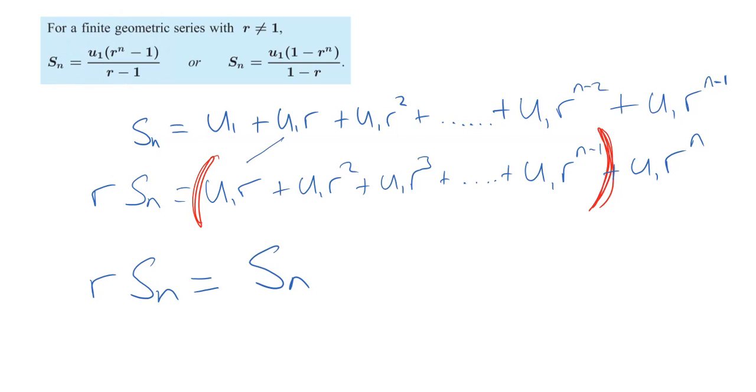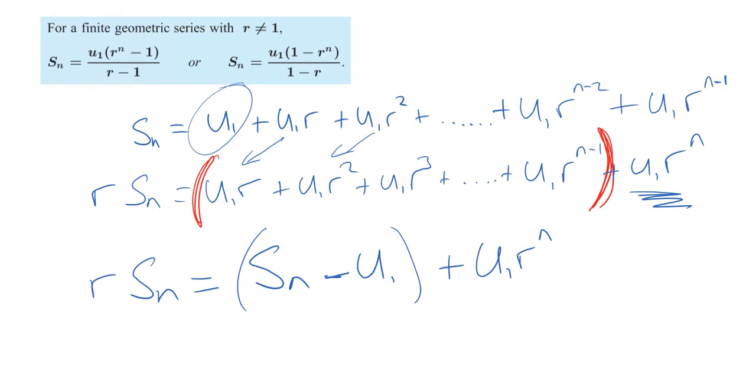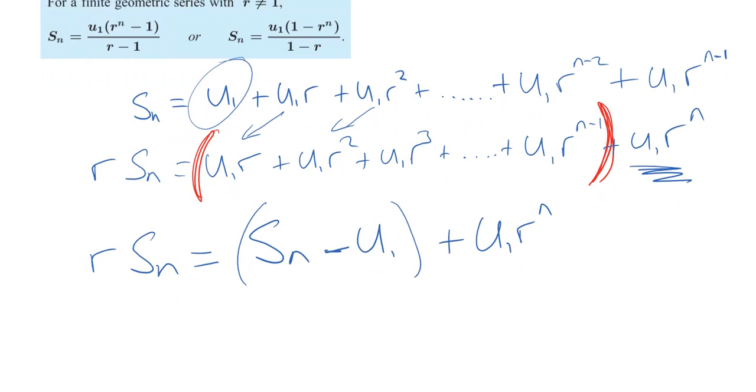It's got the second term, it's got the third term, it doesn't have the first term. So in a sense, that bracket is the sum of a geometric sequence, but without the u1. And of course, I've still got this term on the end here. We better write that down. That isn't included. So we've got this situation like that.